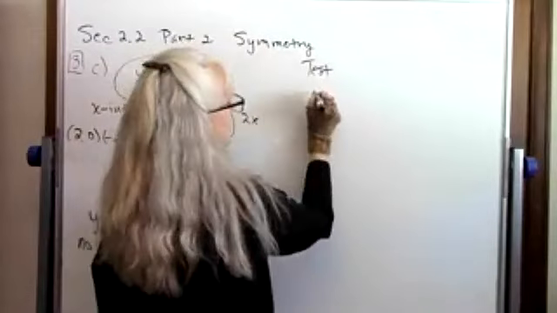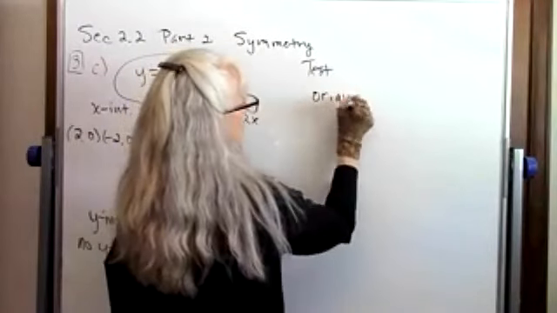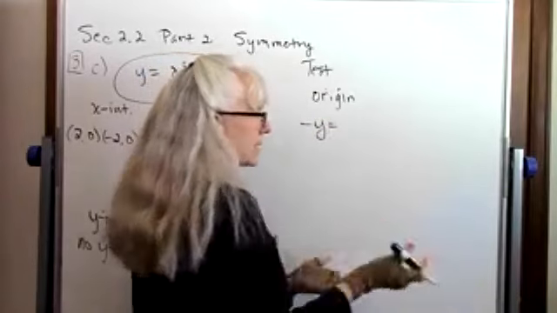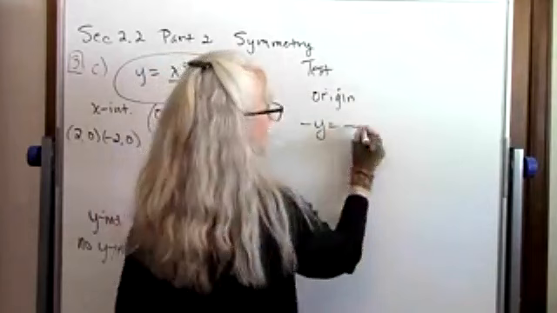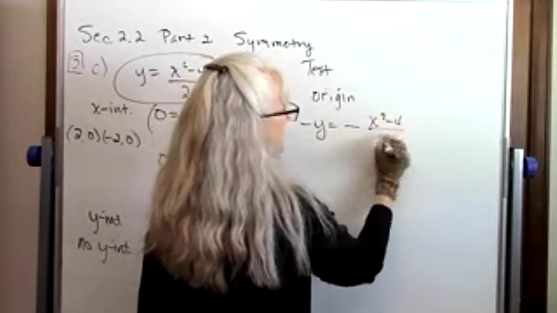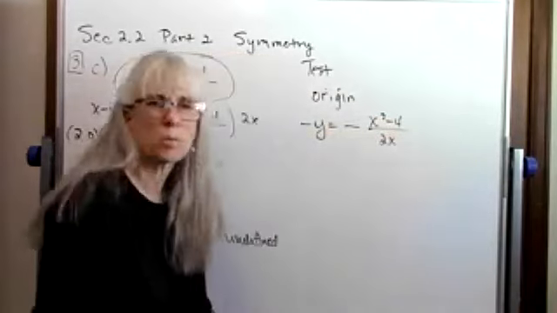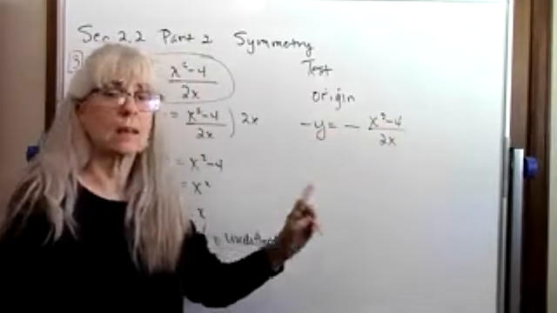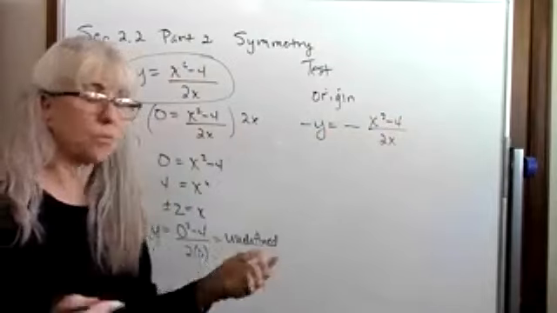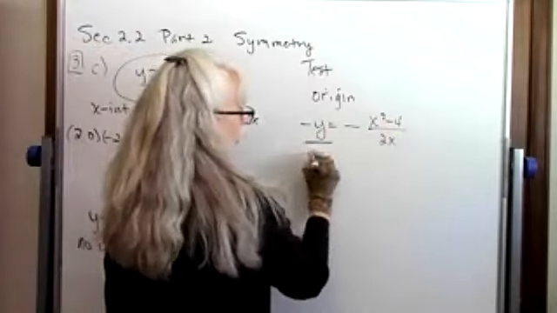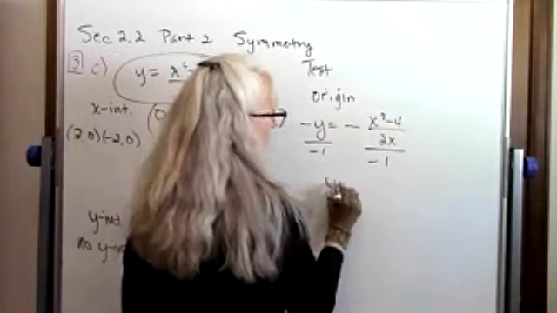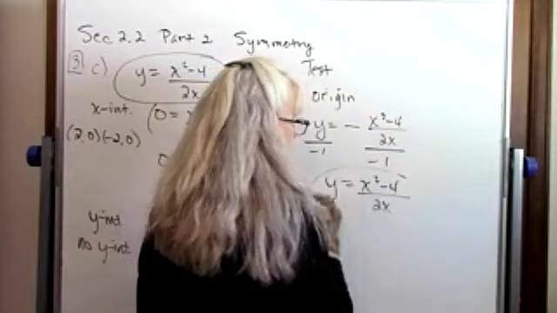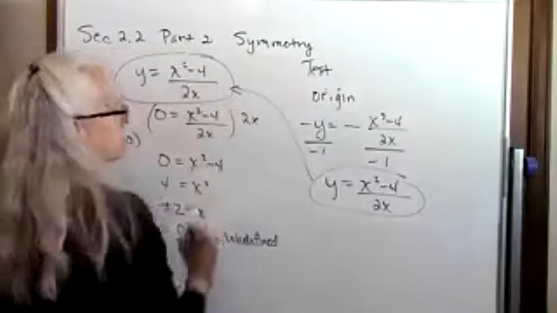For the origin, we replace both. So we know it's a negative y on this side, and on this side, when we replace the negative x, the end result was this. I'm skipping a few steps because we've already done the grunt work in the previous example. This time, when we divide out that negative 1, we get y equals x squared minus 4 all over 2x, and that is the same as the original.